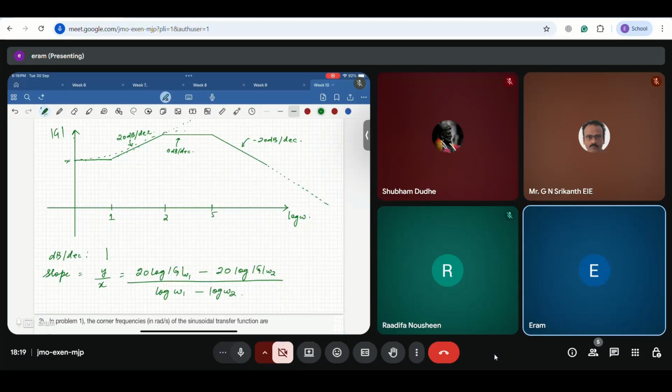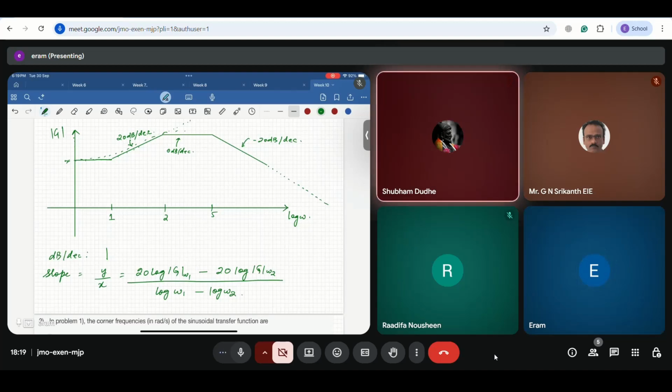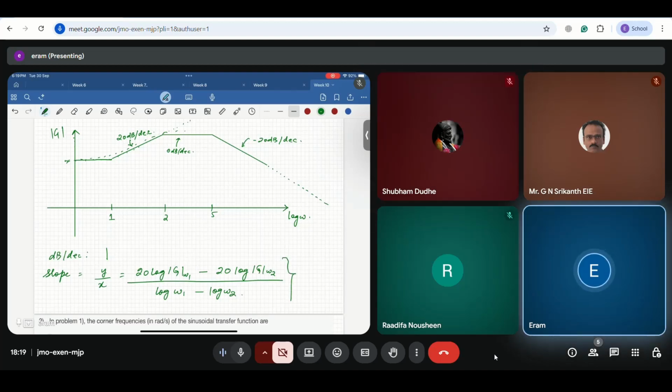Now this slope remains the same, and in that you have to adjust your x in the way that you get your slope in octave or decade. By octave, your omega 2 by omega 1 will be 2, and by decade, your omega 2 by omega 1 will be 10.